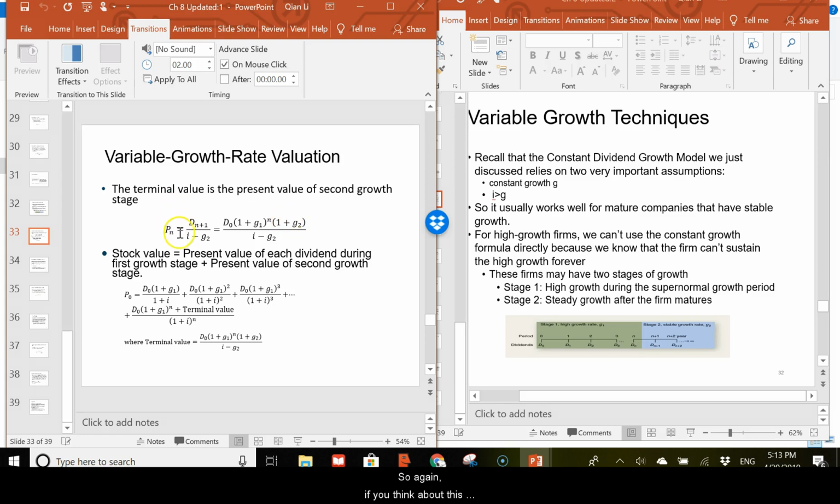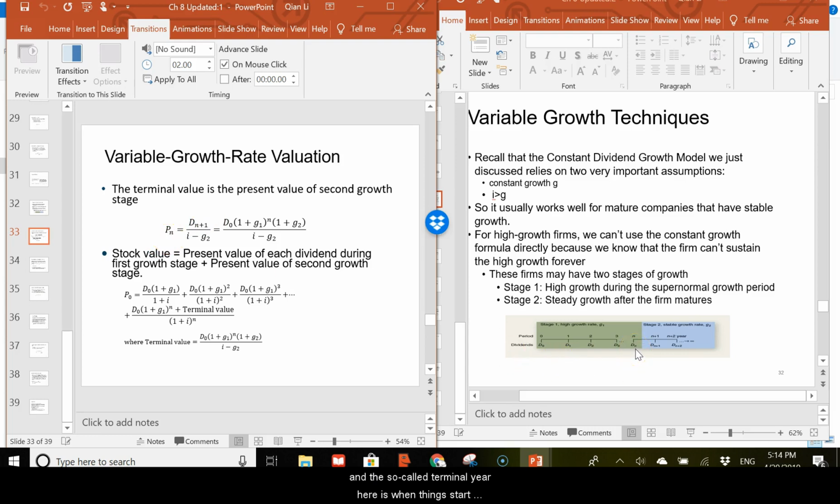So again, if you think about this equation, this is exactly the constant dividend growth model. And the only complicated part here is we need to find Dn plus 1, which is the dividend 1 year after this terminal year.